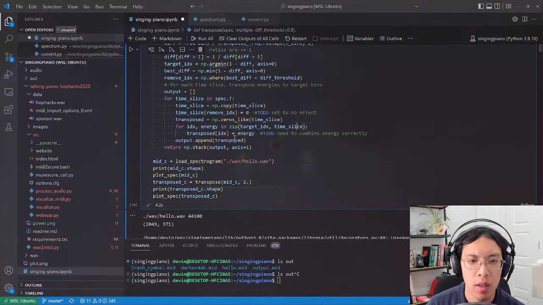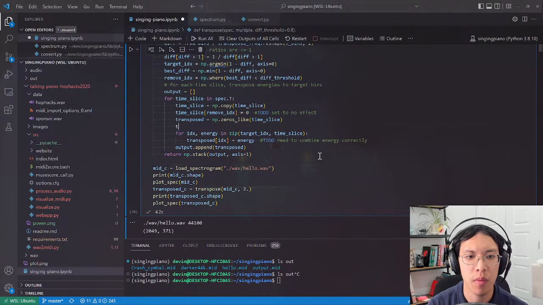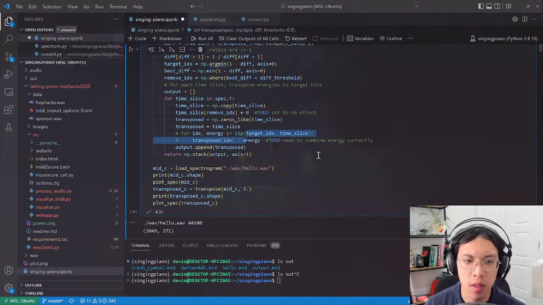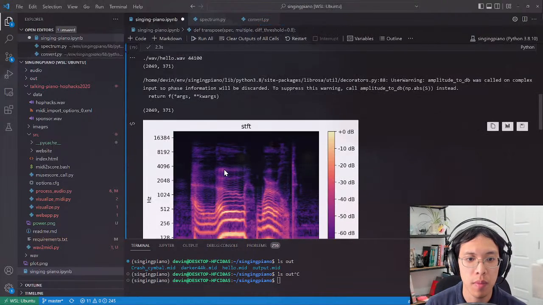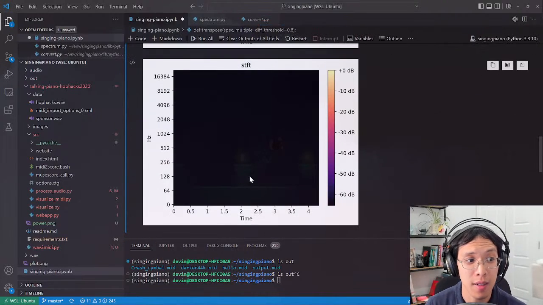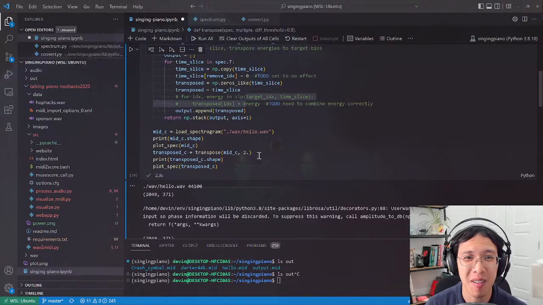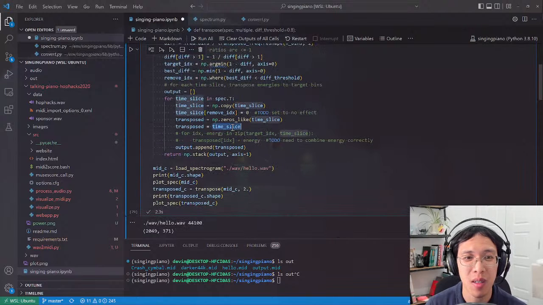Okay, let's try something. Let's try just moving time slice over, just for a sanity check, instead of doing this the proper way. I'm just gonna see if I can reconstruct the original. I cannot. Okay, so something weird is happening here when I slice up things by time slice.